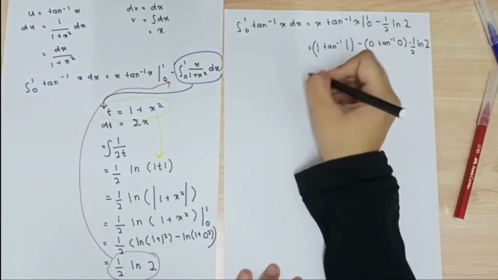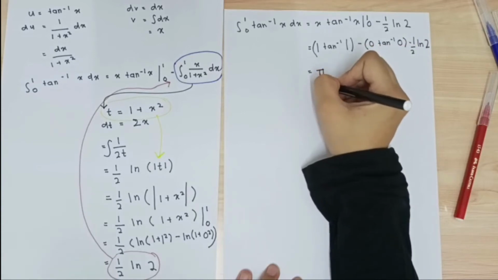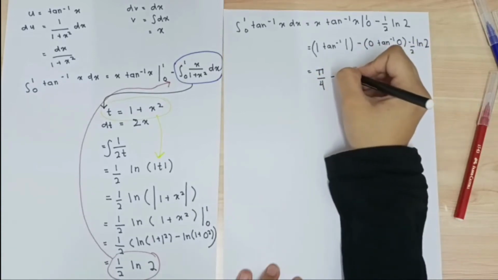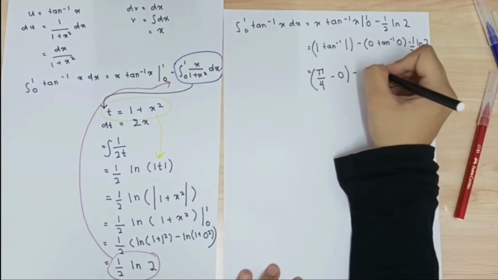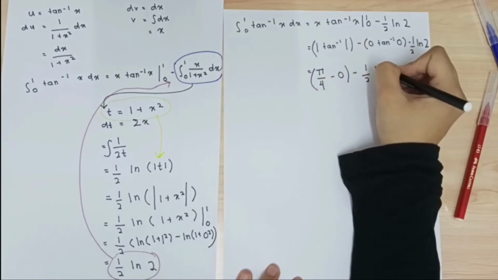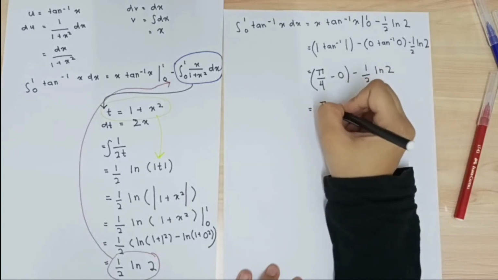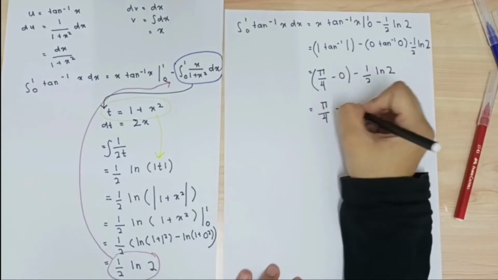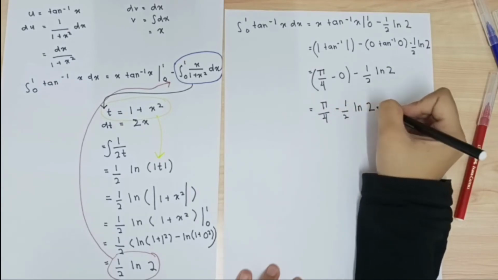Tangent inverse of 1 will be pi over 4. Meanwhile, tangent inverse of 0 will be 0. The final answer will be pi over 4 minus 1 half ln 2.